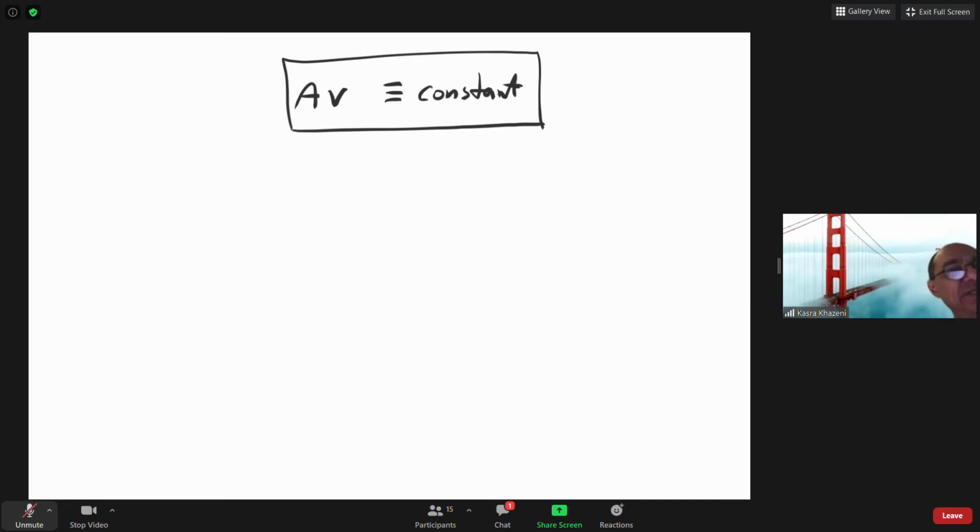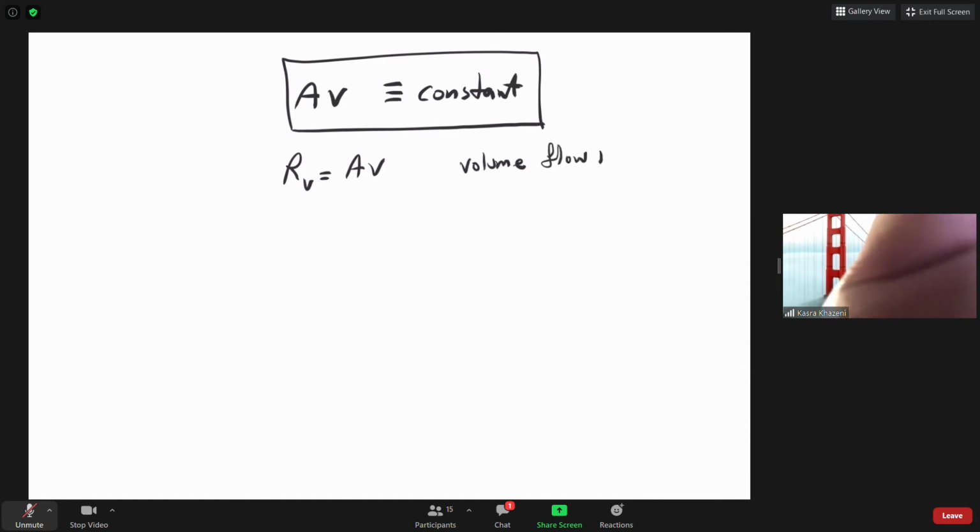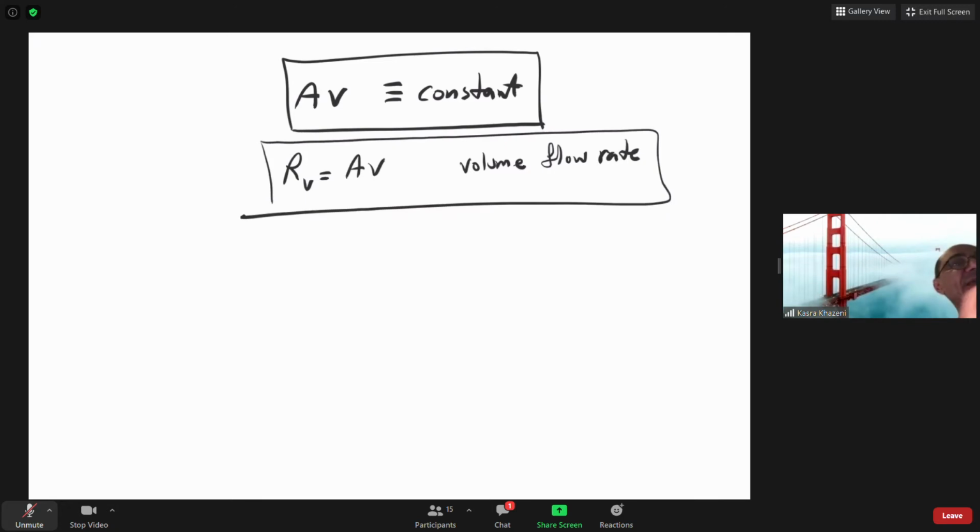Now, there's a name for this. This is called R sub V, which is called volume flow rate. It's the same number, the volume flow rate, which is a constant throughout the moving incompressible fluid.